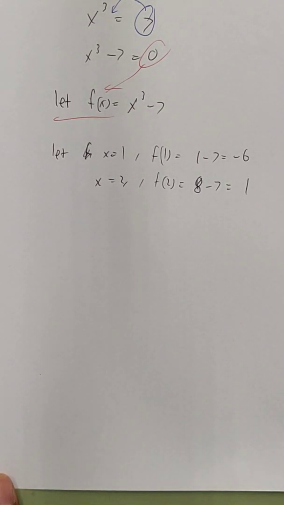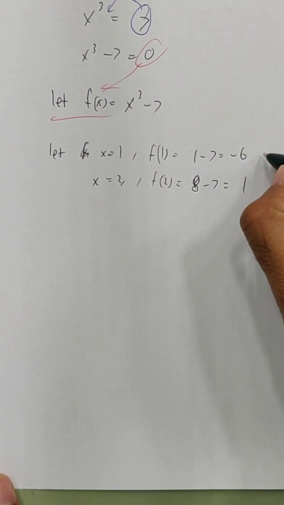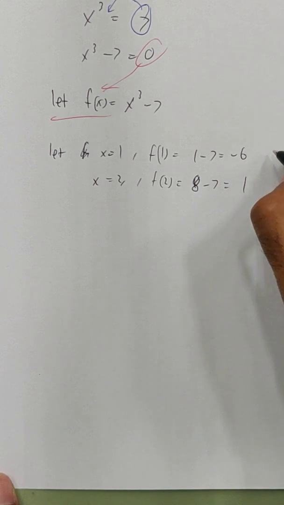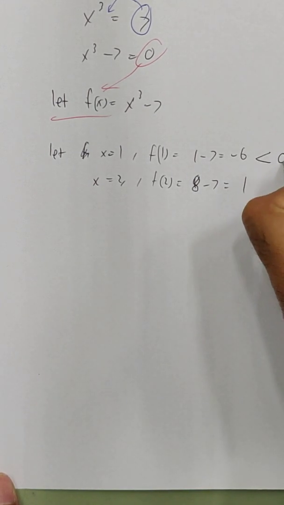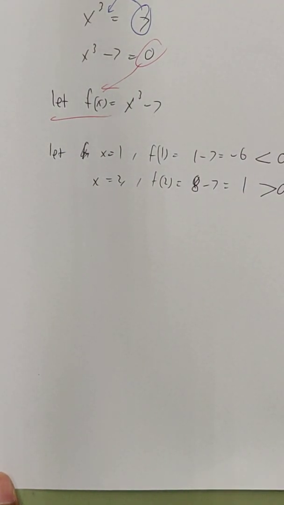Something's wrong. What can we say from here? This is less than 0. This is more than 0. So what can we say?